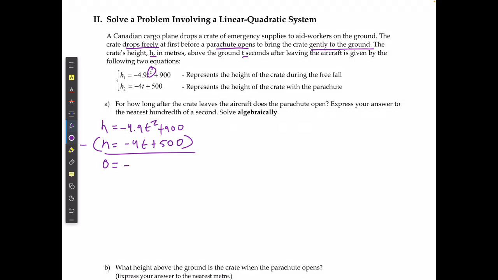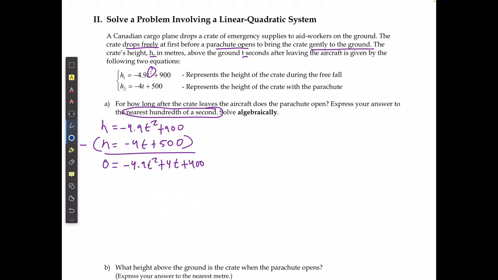And I'm going to get negative 4.9 t squared plus 4t, remember when you subtract the negative, and then plus 400. Now, because it says to the nearest hundredth of a second, and just looking at it, this isn't going to be factorable. So in this case, I'm going to use my quadratic formula.